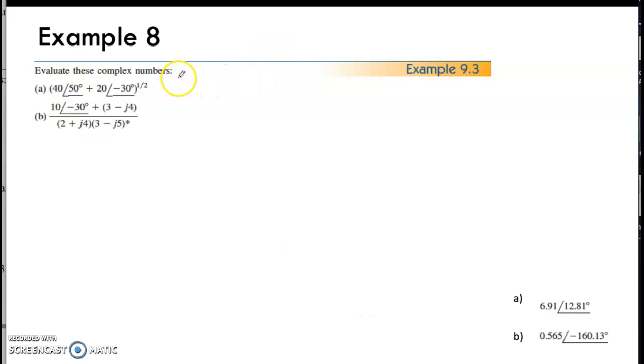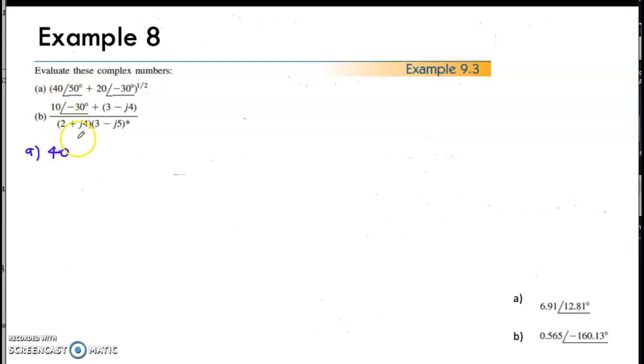Okay, so let's see how you're going to solve this one. This is example 9.3 from the book. Let's go to part A. First, this is in polar form, right? When it is addition, you need to convert this to rectangular form.